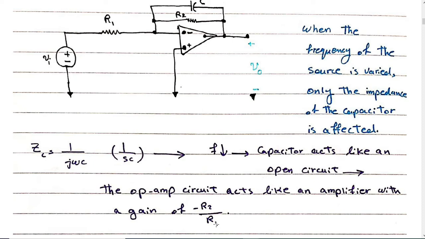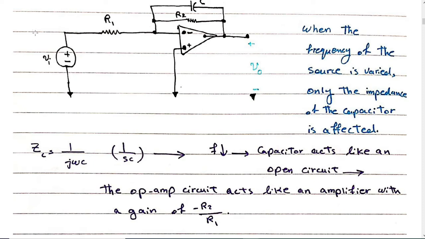Is he right? What is the voltage VP? 0. How about Vn? Of course 0, because we assume that this is an ideal op-amp.